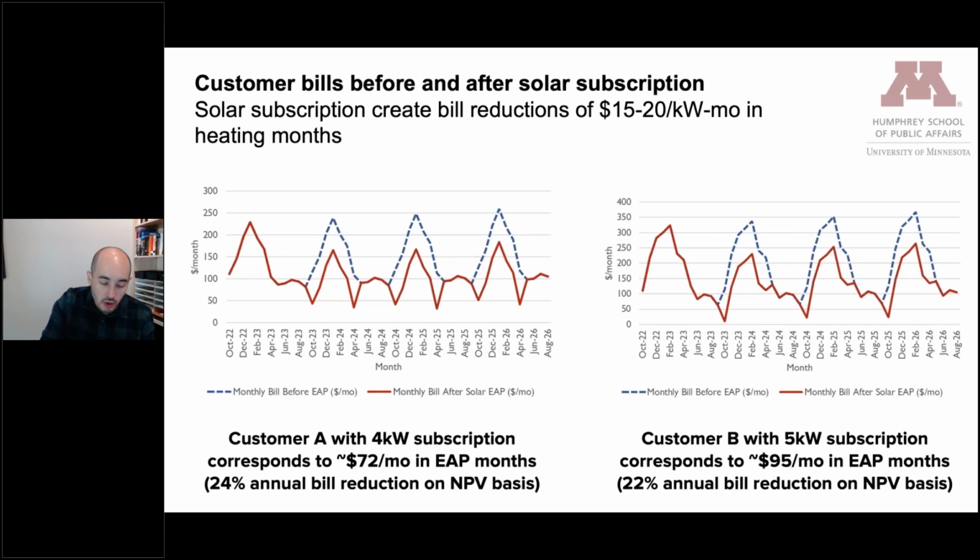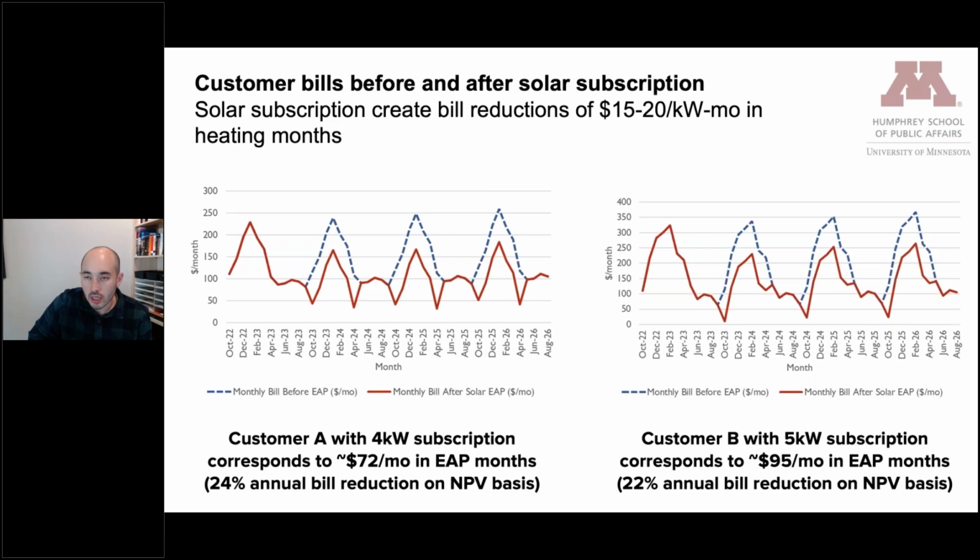Then we work through all the different cash flows I described earlier to try to understand what's going to be the bill impact of this for the subscribers, and how does that compare to their bills otherwise. And with community solar, it's possible to get as much benefit as you want by oversizing these subscriptions.